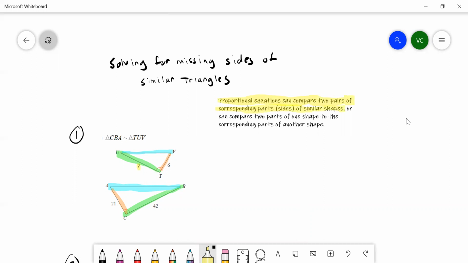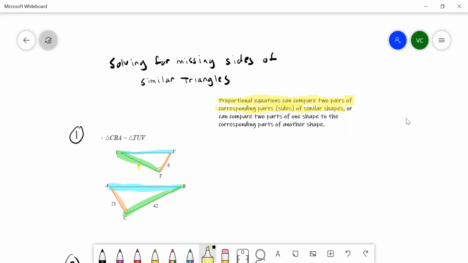So this is the first method that we're going to use. For our picture, it just means that I'm going to compare either the greens, the blues, or the oranges.